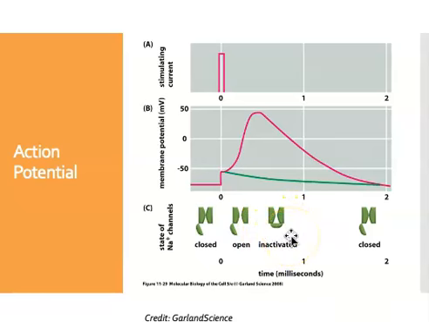So there are really 3 states that a channel can have. It can be open, sodium ions can flow through readily. It can be closed, sodium ions cannot flow through. And it can be inactivated, sodium ions cannot flow through. So the only thing we need to learn more is what's the difference between being closed and being inactivated. And we'll talk about that in just a moment.